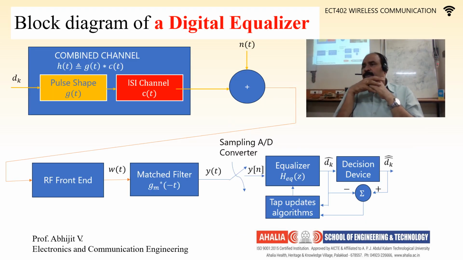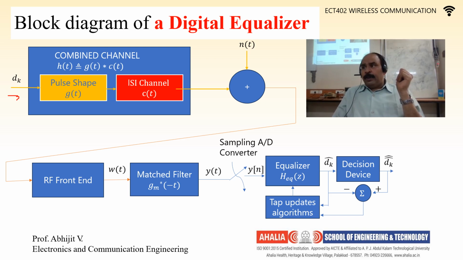So in the last class we have drawn this diagram, basic diagram of a digital equalizer. This is the same diagram. This is going to give you an introduction. As I told you already, we have an input d k passing through a channel. We are pulse shaping this with g of t and passing through a channel which has inter-symbol interference, and the response of the inter-symbol interference is C of t.